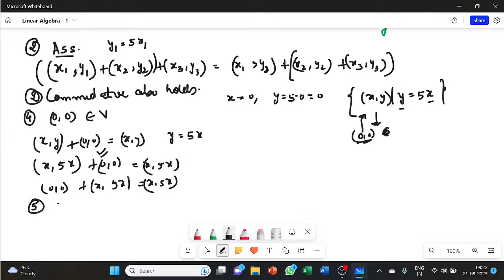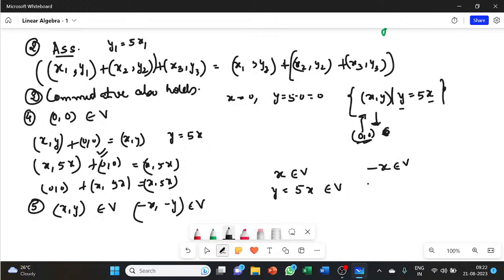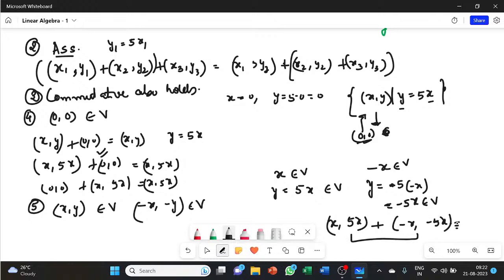Don't you think that if (x, y) belongs to V, then (-x, -y) also belongs to V? See how? If x belongs to V, then y = 5x also belongs to V. And if I'm saying -x belongs to V, then y = 5 times -x, which equals -5x, also belongs to V. So if there is an (x, 5x), corresponding to this you have (-x, -5x), which when added gives you the identity back.